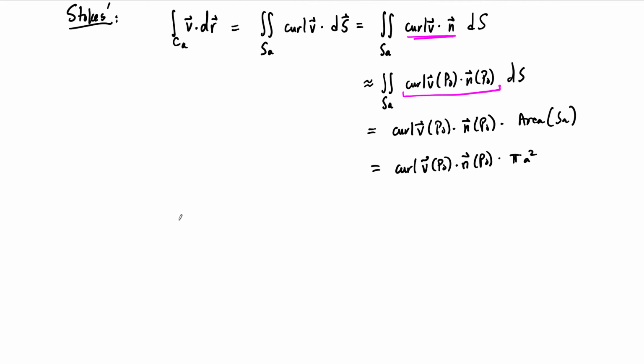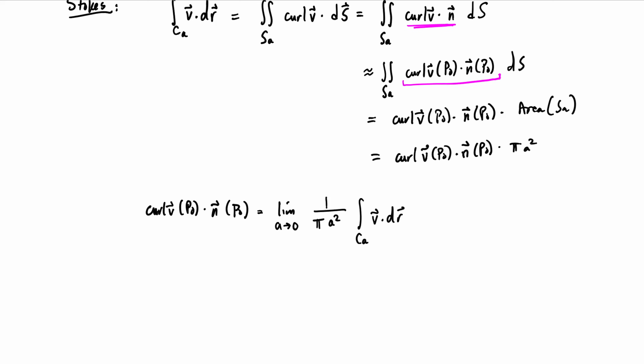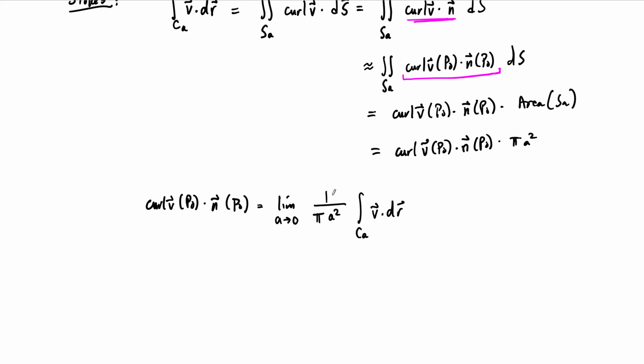The curl of v at the center, p naught, dotted with the normal vector at p naught, is going to be equal to the limit as a approaches 0 of 1 over pi a squared times the circulation, the circulation around C sub A of v dotted with dr. And this is just the circulation around the tiny, tiny circles centered at p naught. As we take the limit here, this limit should exist, and we'll get a number here.